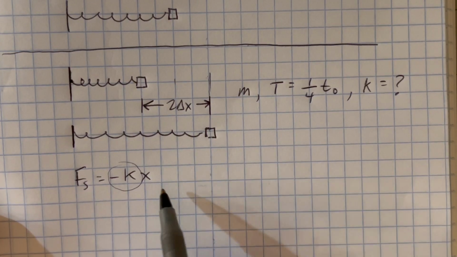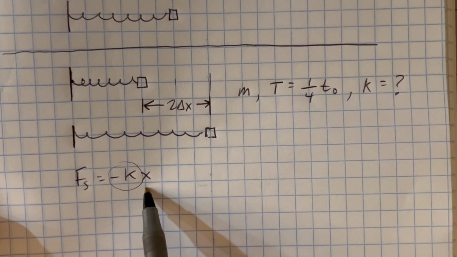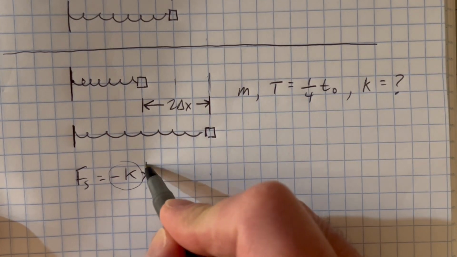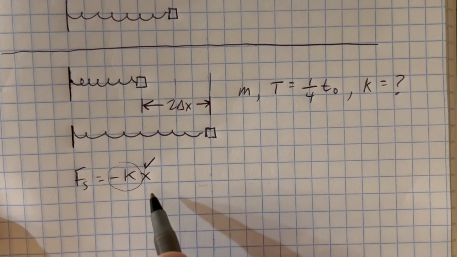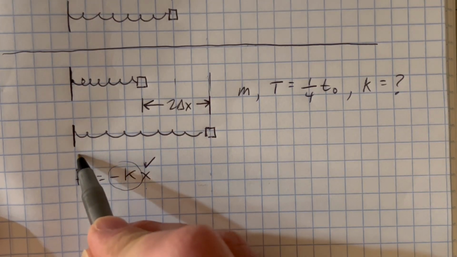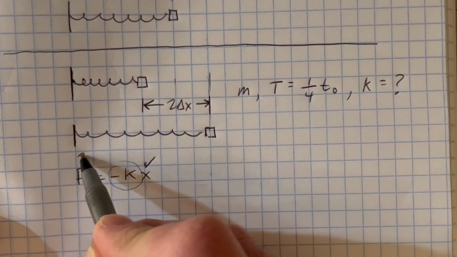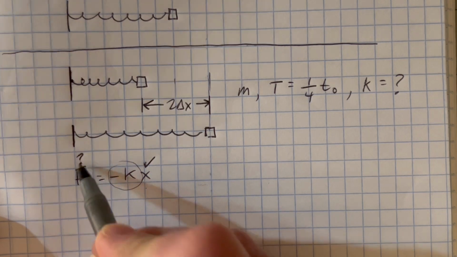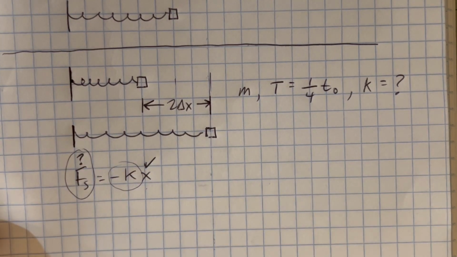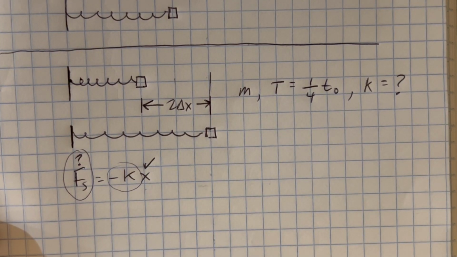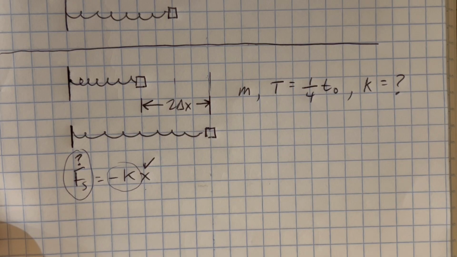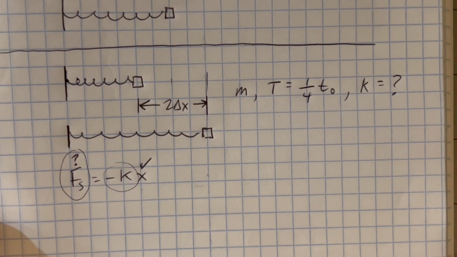Well, we are given X, right? We know the relative distances of X, but we don't know any information about Fs. So we would be left with an unknown other than K. So we cannot use this equation to solve for K in terms of the other K value.